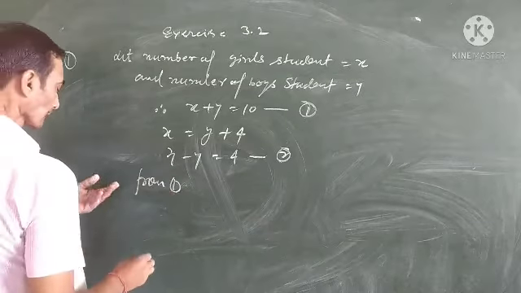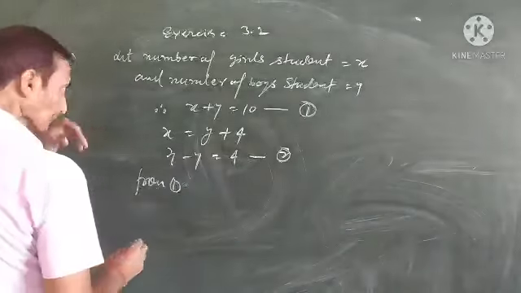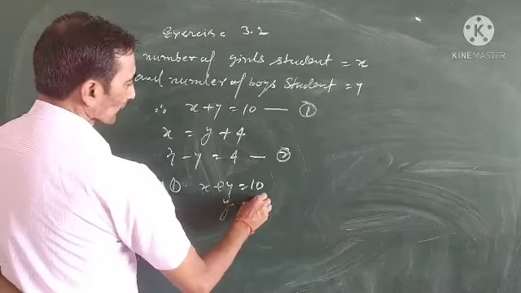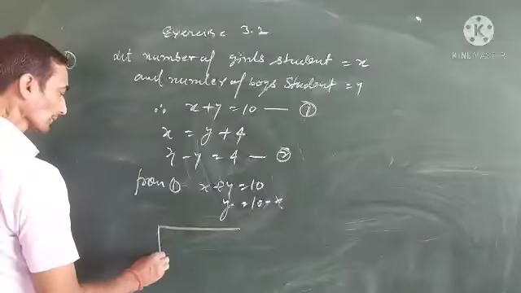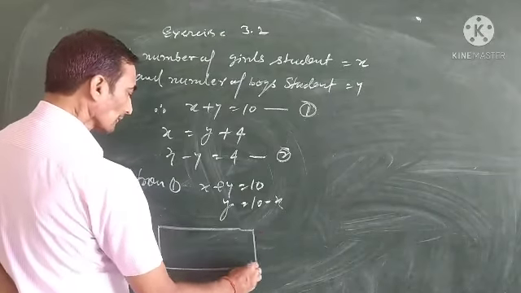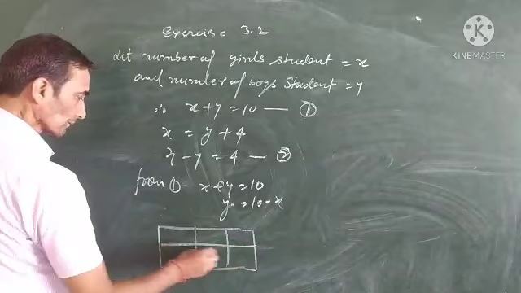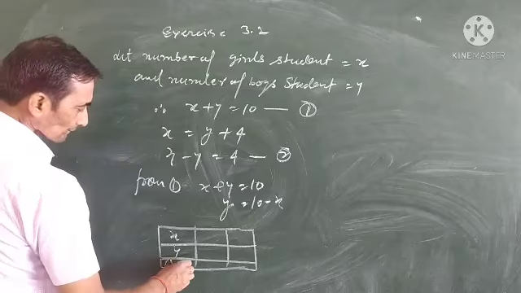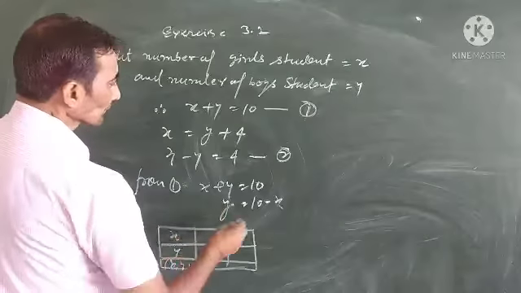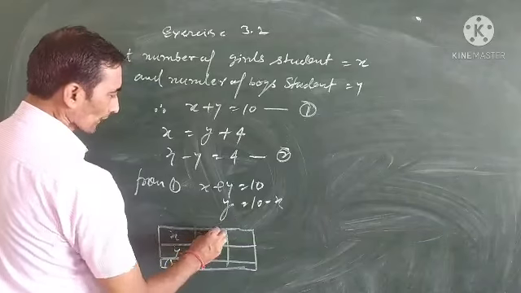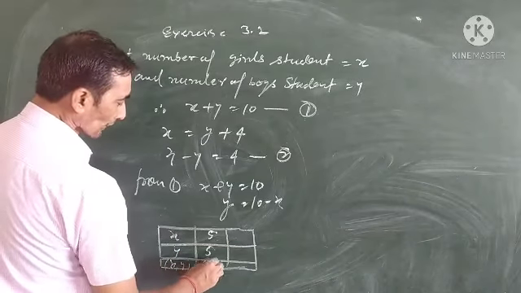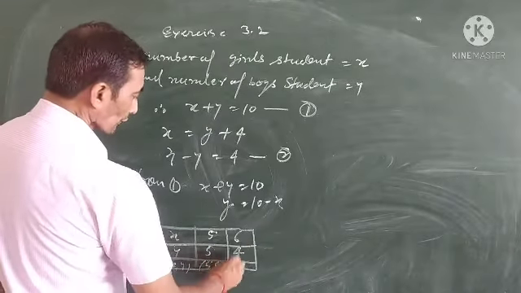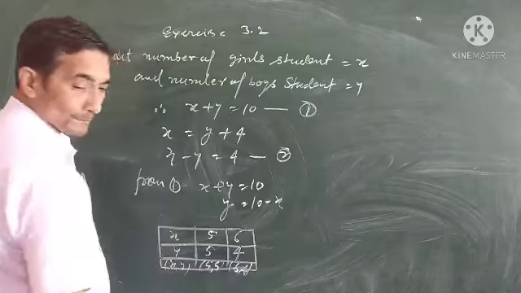Equations prepared. Now prepare data from the first equation, x + y = 10. So y = 10 - x. Let x = 5, then y is also 5, so (5, 5). If x = 6, then y = 4, that means (6, 4).